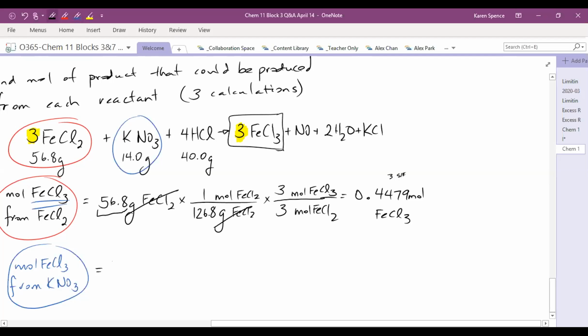We have 14.0 grams KNO3. And we're always going to first, if we're not already in moles, convert into moles. So 1 mole KNO3 per 101.1 grams. That's the molar mass of KNO3.